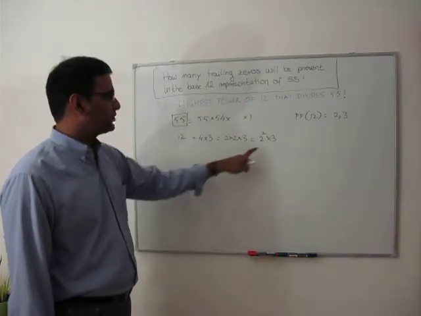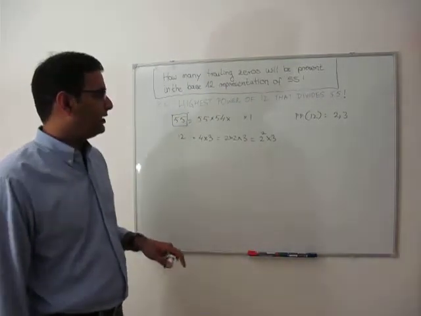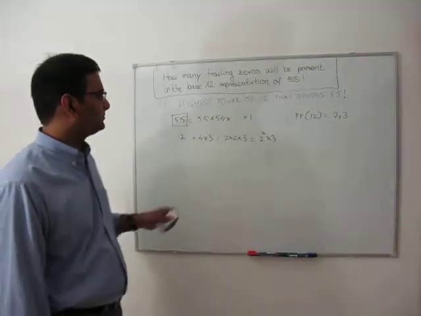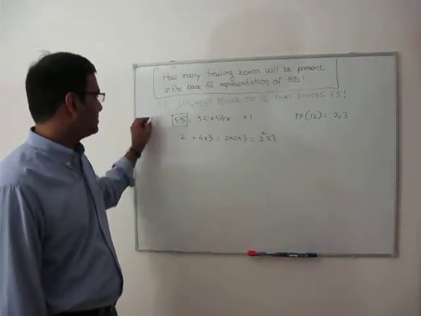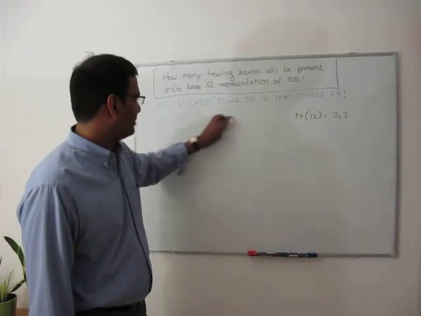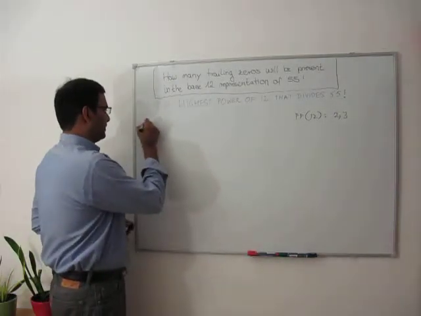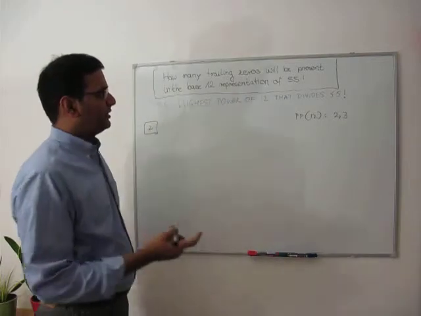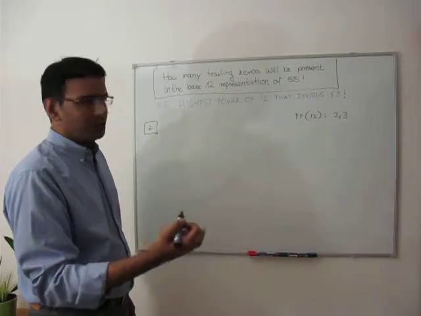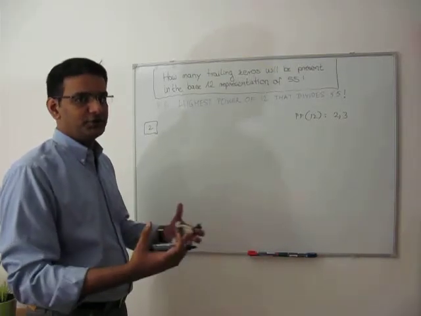So what we want to do is find the highest power of 2 that completely divides 55 factorial, and similarly the highest power of 3. Let us figure out these numbers, starting with the smaller of the two, namely 2. The way we do it is by taking 55 and successively dividing it by 2 and aggregating the quotients, adding them up together to find the highest power of 2.